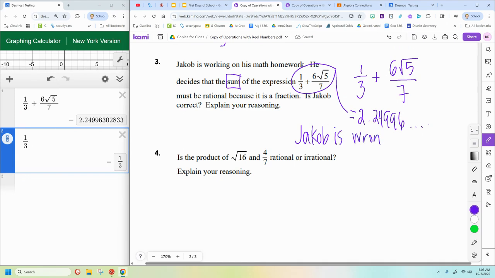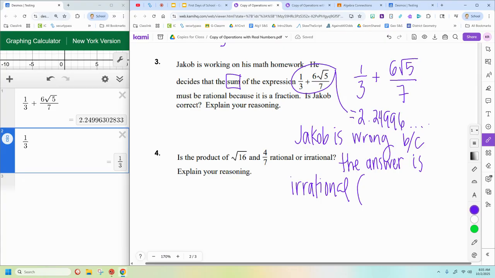And then just for the sake of you having practice writing this reason, if you could write it down with me, that'd be great. And then you guys are going to have a closing activity, and then that's today's lesson. We're almost done. So Jacob is wrong because the number or the answer is irrational. And then in parentheses, I'd put that reason why it's irrational.